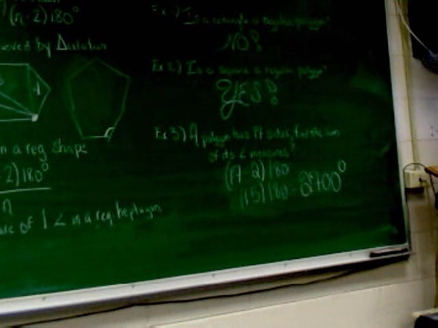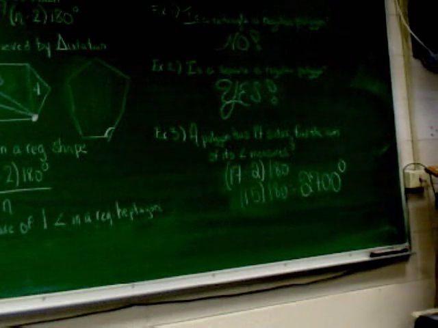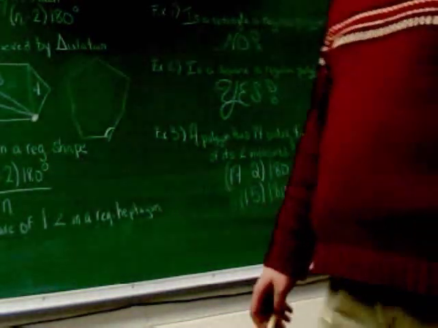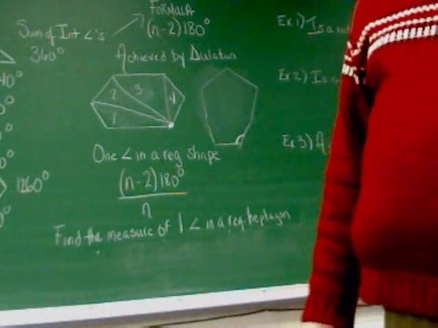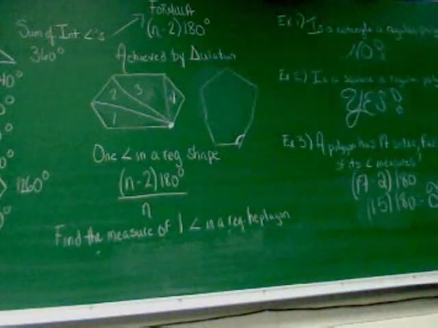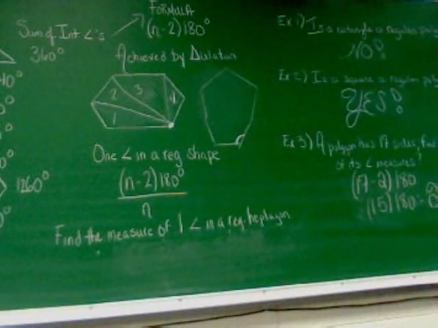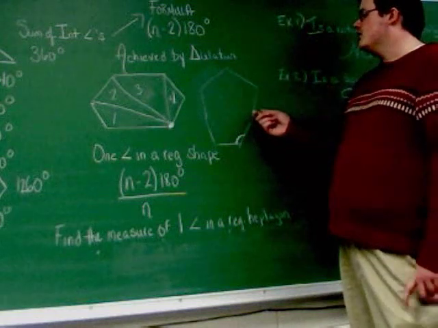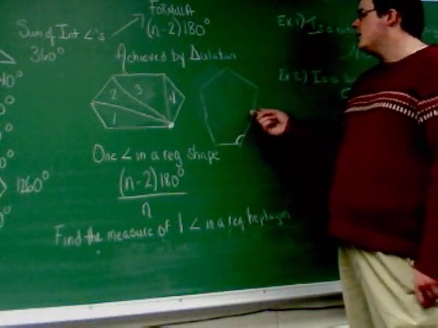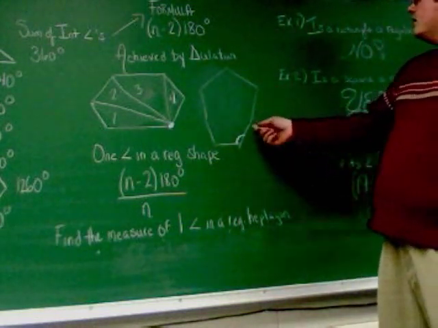Okay, last one. I have to go back to that other column to get that last one. That last one says to find the measure of one angle in a regular heptagon. So, this is as close as I'm going to get to a regular heptagon without getting the ruler out, and that's not too great, but I never said I was an artist, thank God.